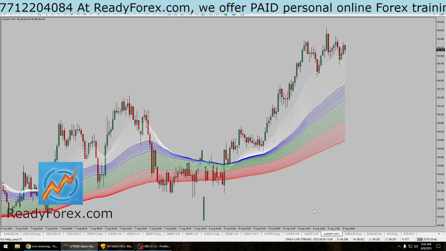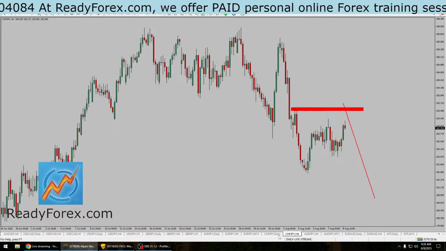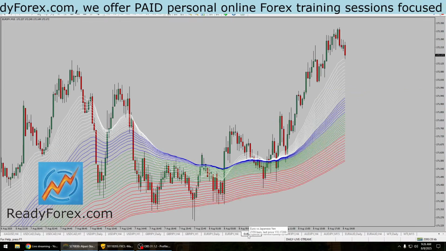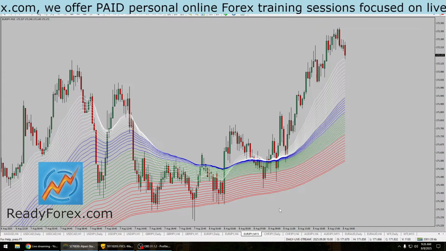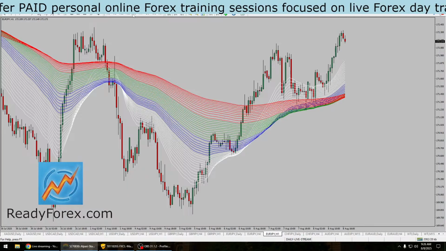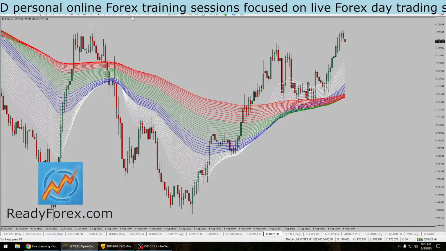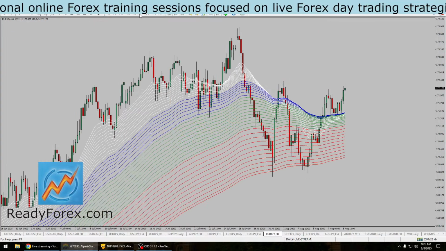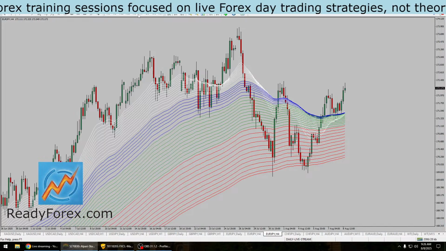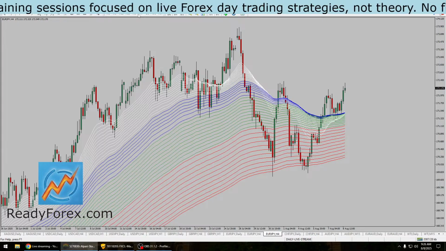So the euro yen time frame as well as in 1 hour time frame. Let's check out the 4 hour chart of euro yen. Somewhat choppy or sideways, I would say.